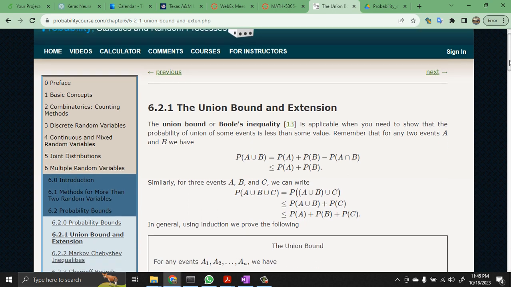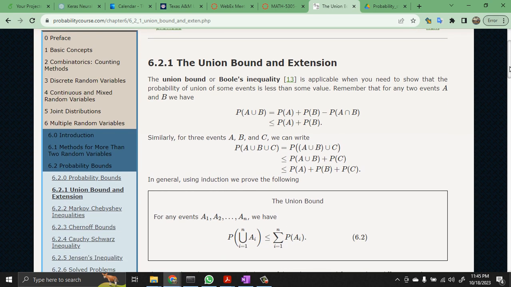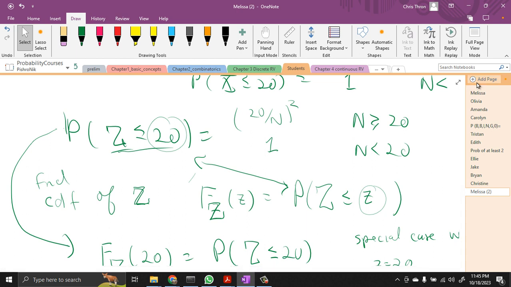Right. So first we have the union bound. Let's go ahead and draw a picture of what's going on here. Let's add a page here.